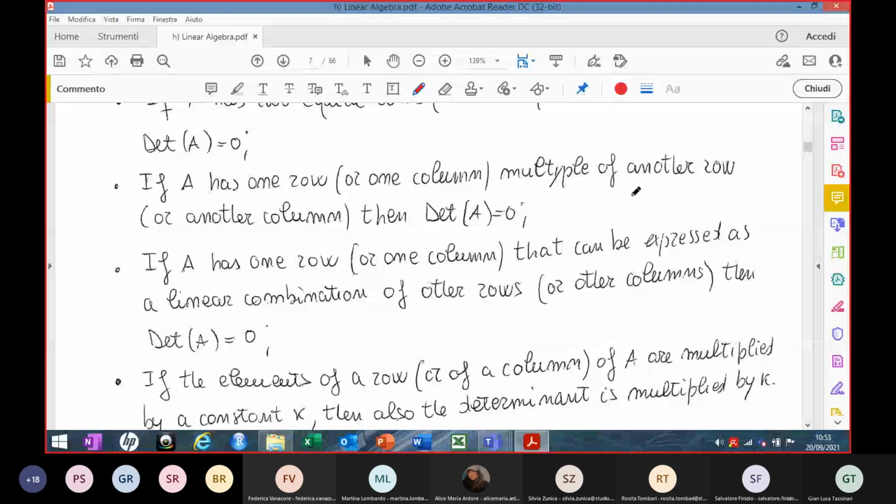This means that the fourth column can be expressed as a linear combination of the others with coefficient 3 associated to the first one, 0 to the second, and 0 to the third.